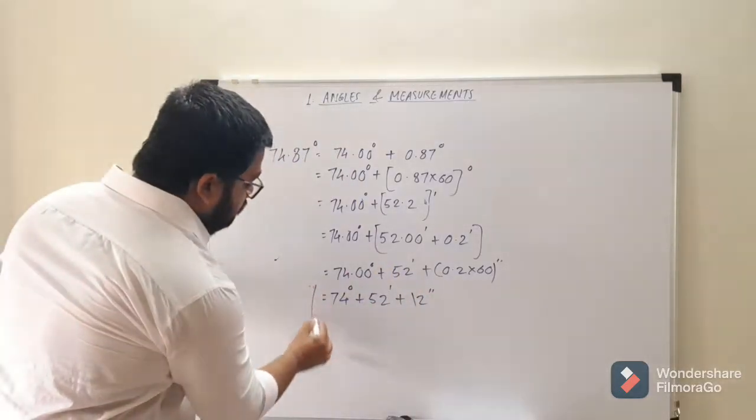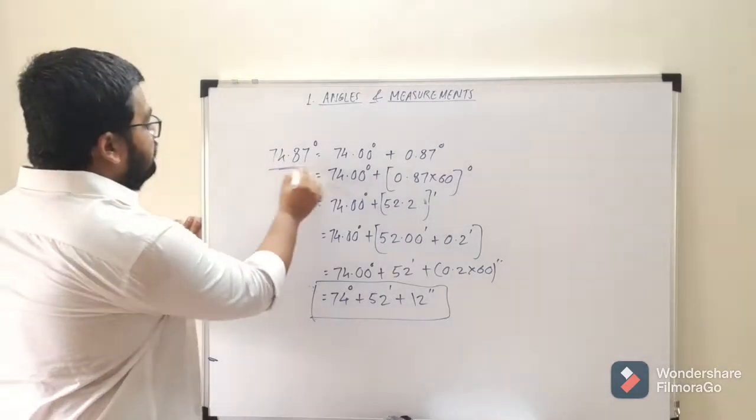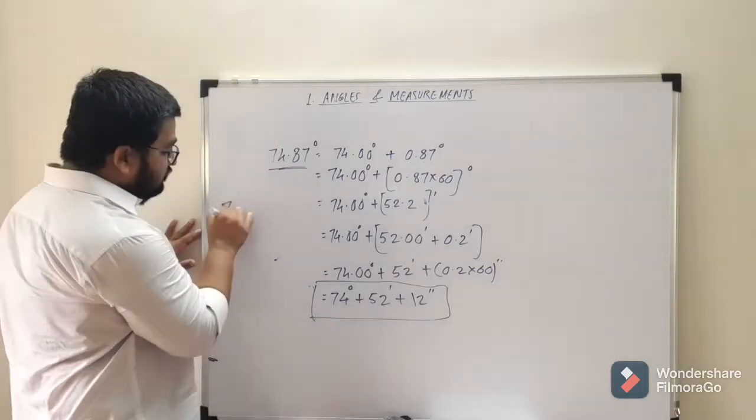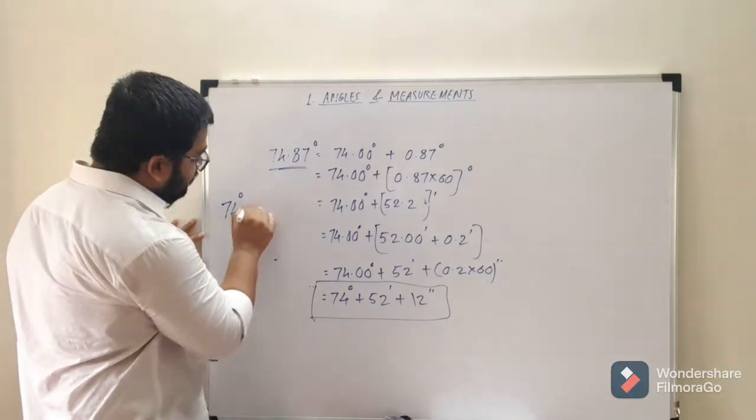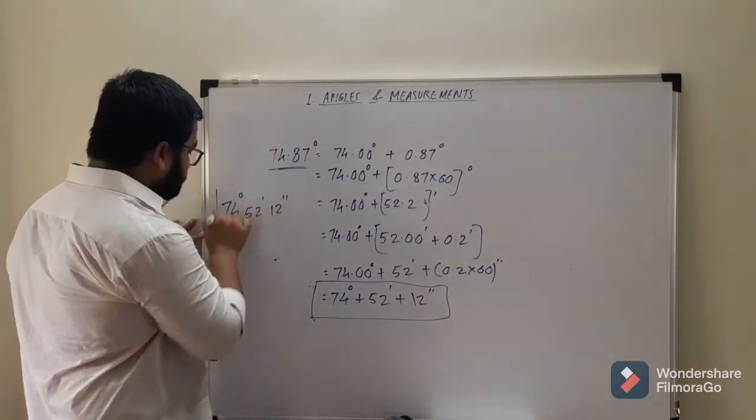So we can say combinedly that 74.87 degrees is nothing but 74 degrees 52 minutes and 12 seconds.